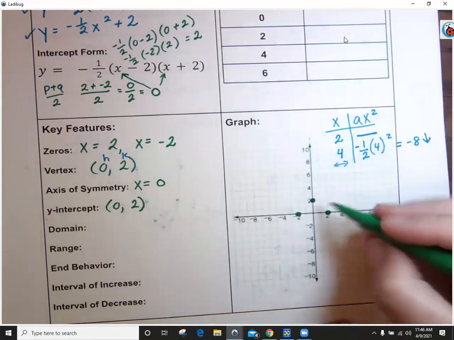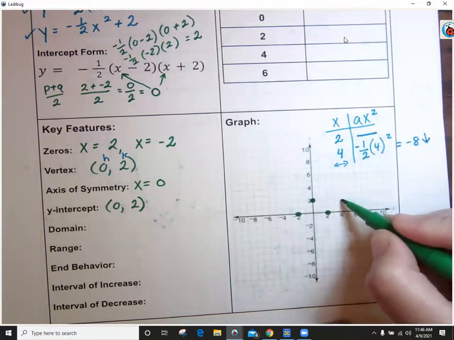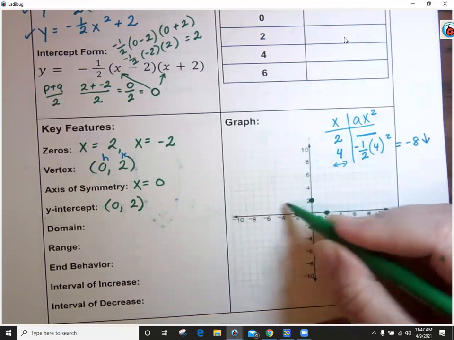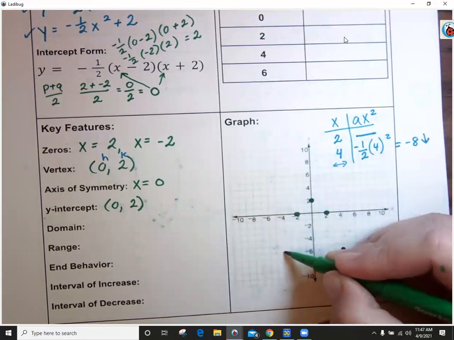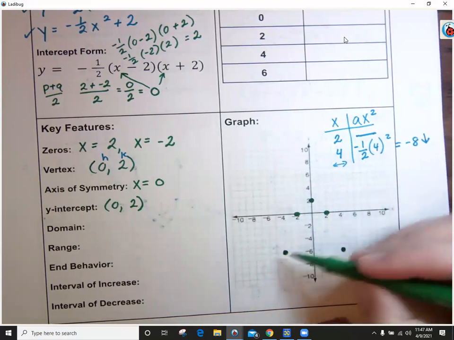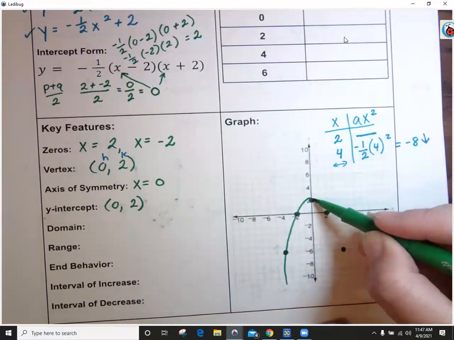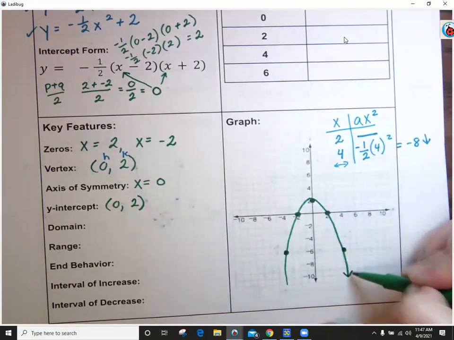So a horizontal move of 4 and go down 8. And then you have the 1, 2, 3, 4, 5 points that you need on your graph.